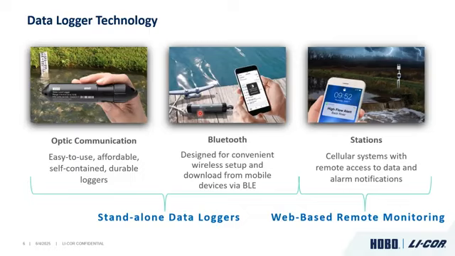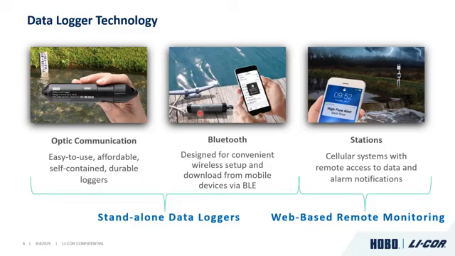One of the first things that I like to ask customers when they're looking to do really any type of monitoring is, how do you want to collect your data? HOBO has made a couple different product lines based around the way that you want to collect data, whether it's deploying something in the field, coming back and collecting it and seeing those long-term trends, or it's real-time communication that's pushing data up to the cloud.